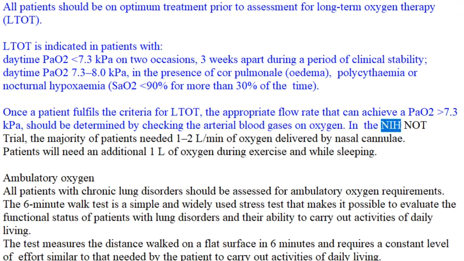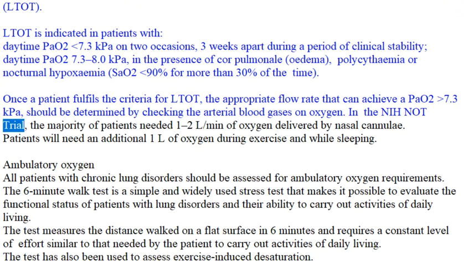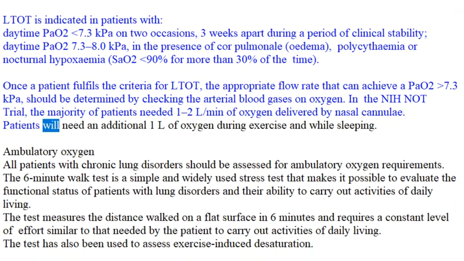In the NIH NOT trial, the majority of patients needed 1 to 2 L/min of oxygen delivered by nasal cannulae. Patients will need an additional 1 L of oxygen during exercise and while sleeping.